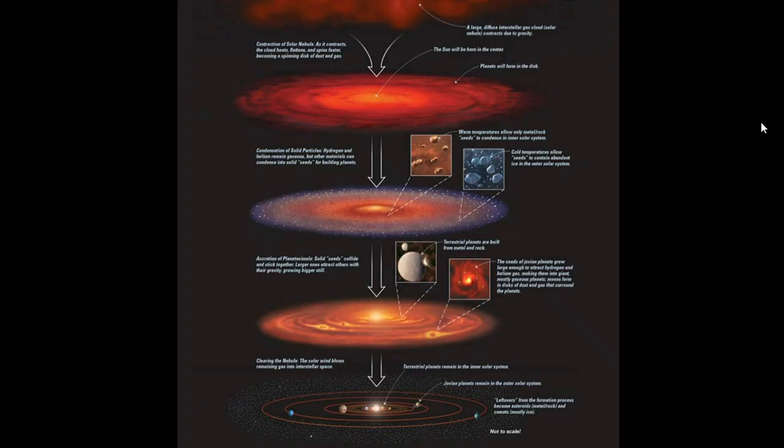This is a picture from the textbook. It's kind of hard to read here, but it's in the lecture slide, so you can see it there. But basically it just shows all the stages of solar system formation. You start from a giant cloud of gas. That cloud of gas will start to condense into a disk. The inside of the disk will be hotter, so you'll get rocky material. The outside of the disk will be colder, so you'll get icy material.